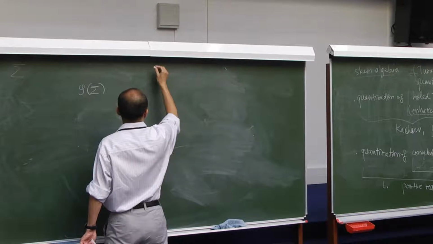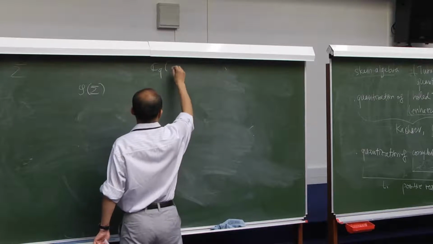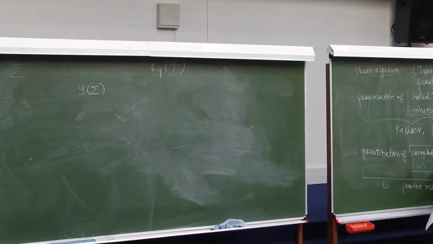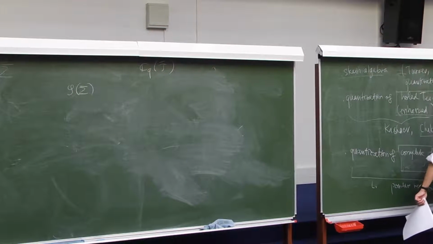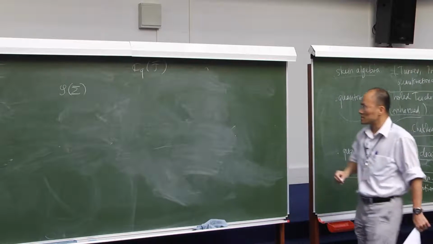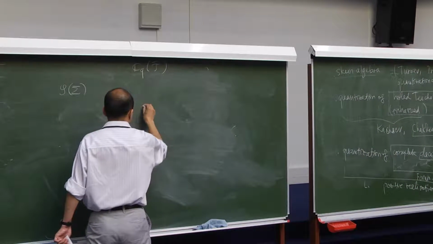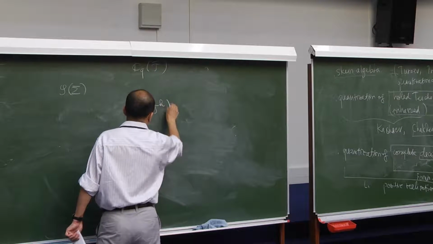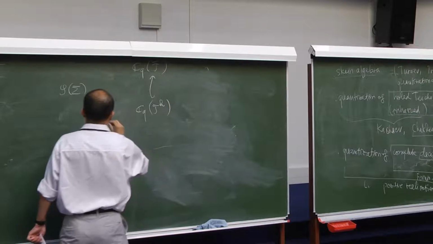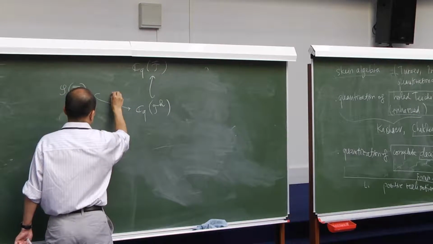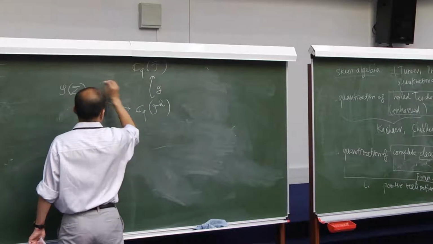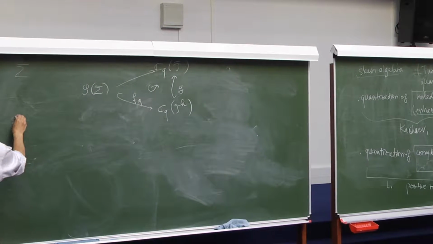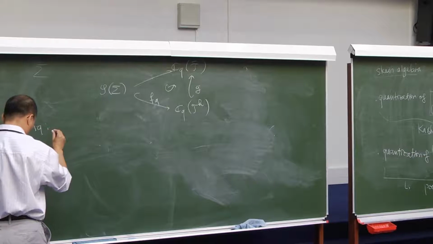This is the quantization of the complete decorated Teichmüller space, and this is the hole Teichmüller space, T hole. And this is the quantization, the Chekhov-Fock algebra of the hole. There's a map F, G, and you have maps here, and these are commutative. So this F_q here is the so-called quantum trace map.